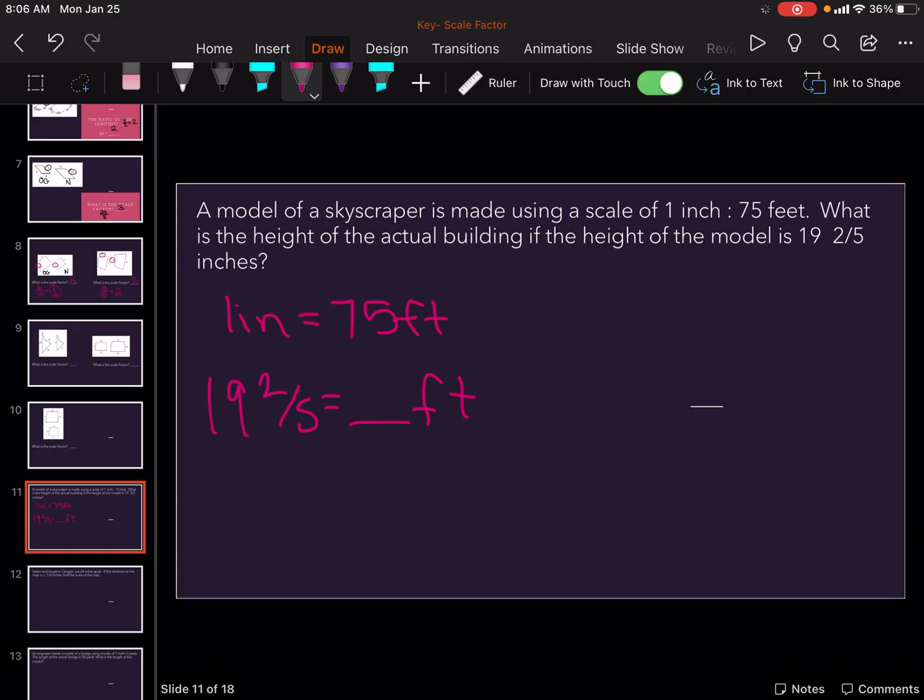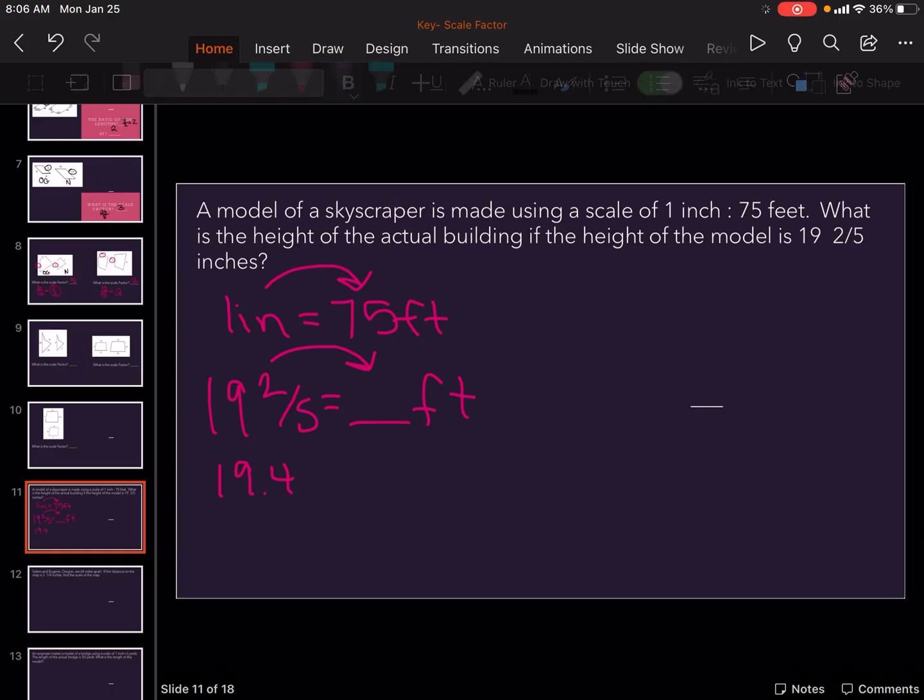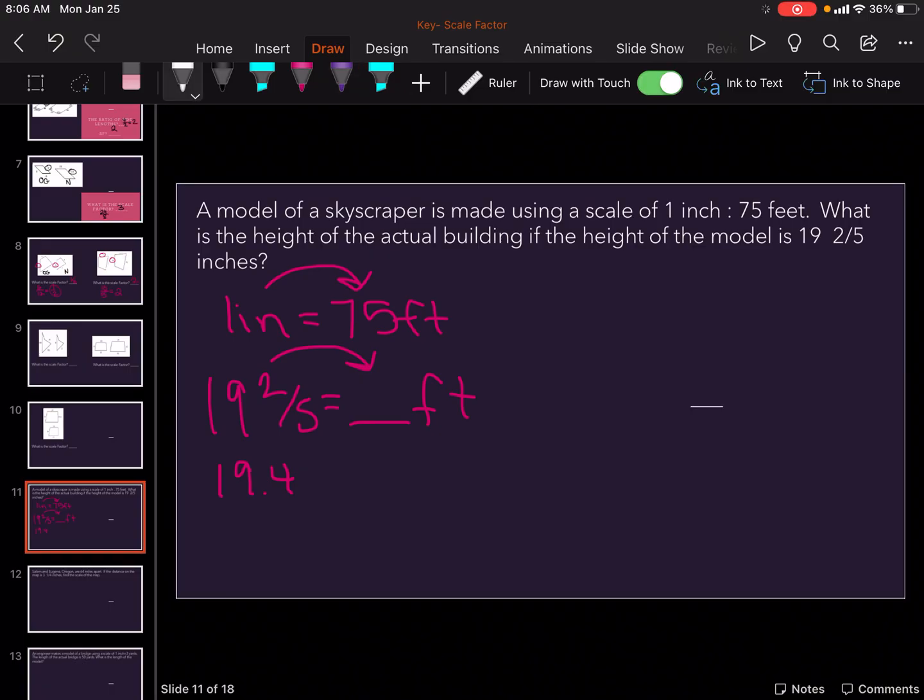We have inches and we're going to feet, so we're multiplying by 75. Our scale factor is 75. Remember 2/5 is going to be 0.4, so you can do 19.4 times 75, which is 1,455.